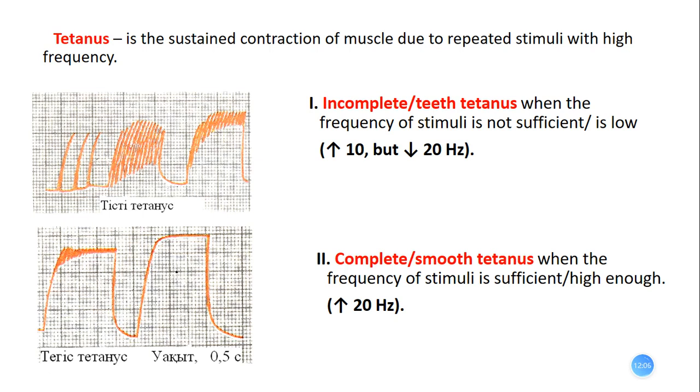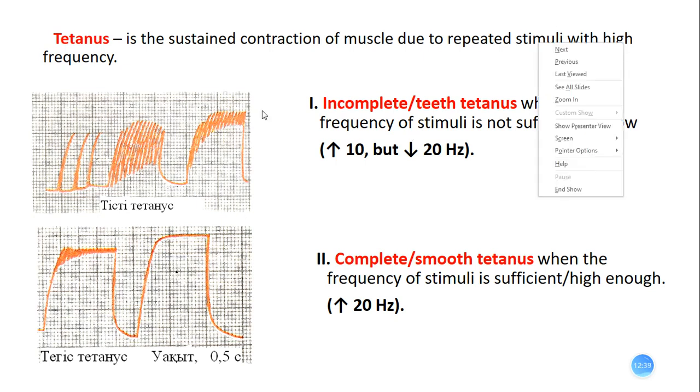When multiple stimuli are applied at a higher frequency in such a way that the successive stimuli fall during the contraction period of the previous twitch, the muscle remains in the state of tetanus. And tetanus relaxes only after stoppage of stimuli or when the muscle is fatigued.